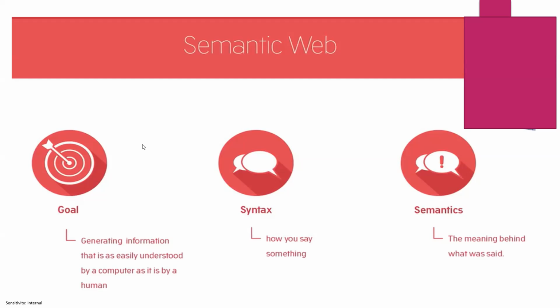Okay, so semantics. The goal is to generate information that is easily understood by computers and by humans. Now remember the history of the World Wide Web when we started and why HTML came into place.